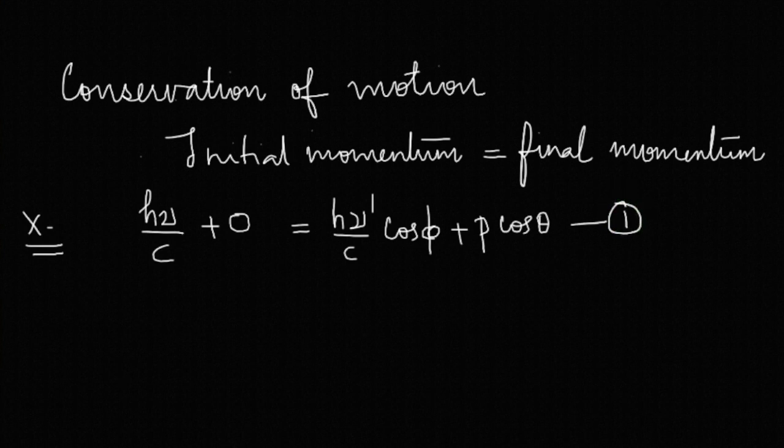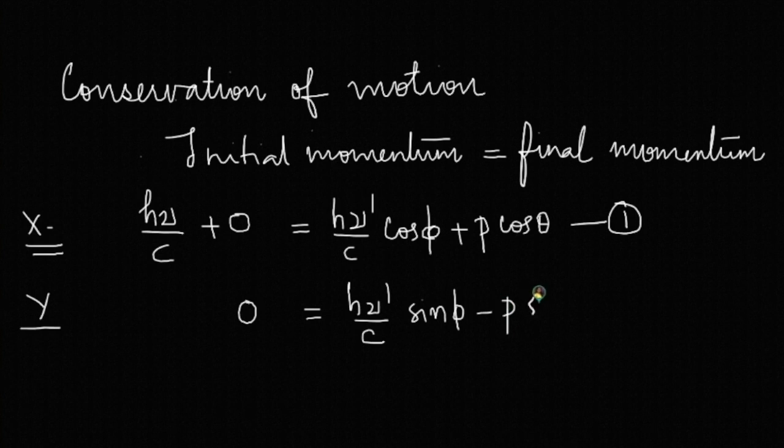Then we go to the perpendicular direction, the y direction. The initial momentum in the y direction was 0, because the collision was only in the x direction. The final momentum is h nu prime by c sin phi minus p sin theta.